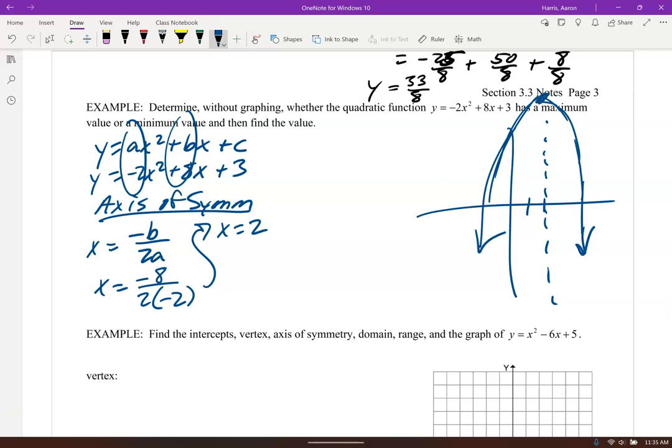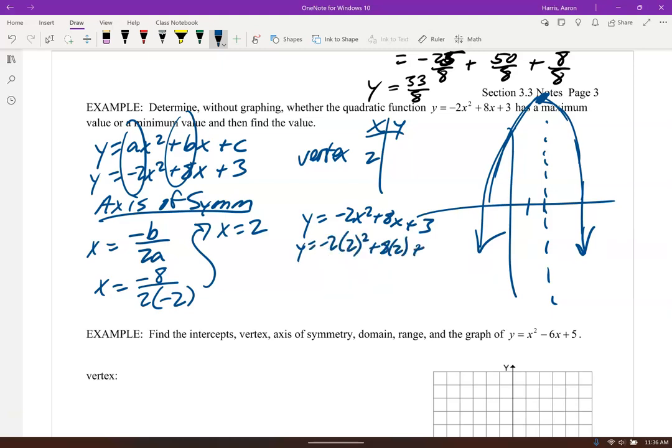So we got to find that max value up there. In other words, we got to find our vertex. Well, we know the x value of the vertex is 2, so now we just got to plug it in. Plug the 2 in for x into our equation. Find the y value. And that's our max value.